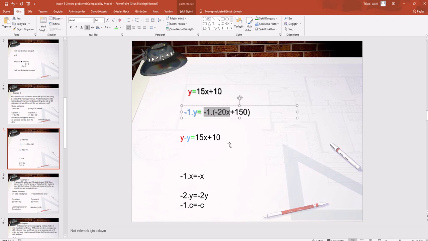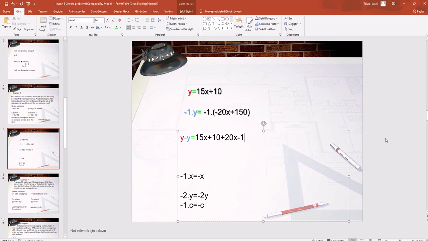Minus 20y. That is plus 20x, because minus multiplied by minus is plus. So here I write plus 20x. Now what else? I have minus 1.